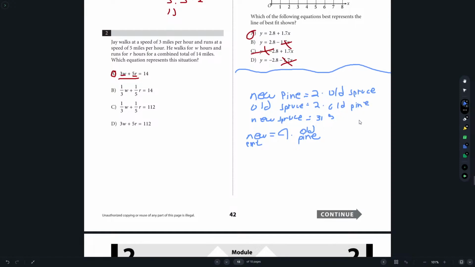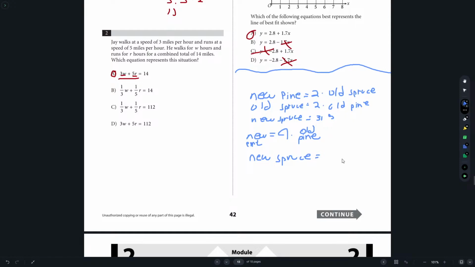Okay, hold on. So we do have some equations here. Well, the new spruce is 315. Okay, I think I'm seeing it. So we have our new spruce. That's going to equal, let's see. If the new pine is 2 times as old, the new pine is 4 times the old pine, or 2 times the old spruce.